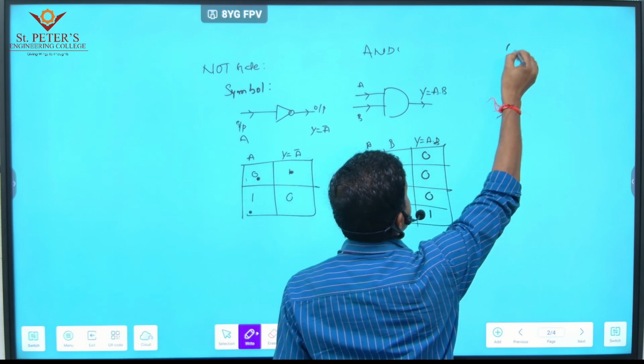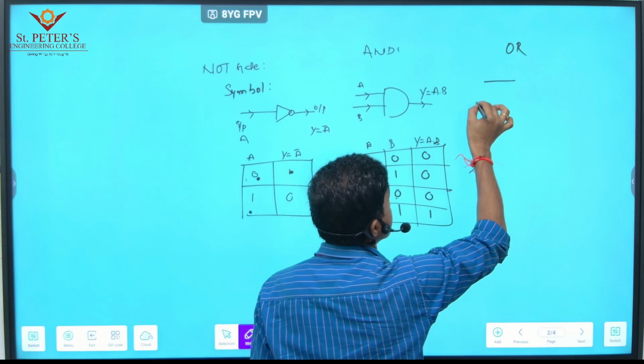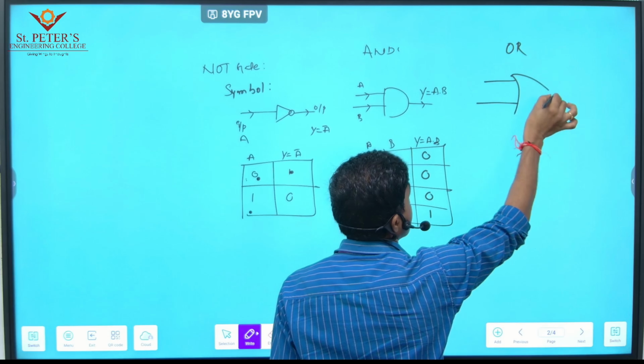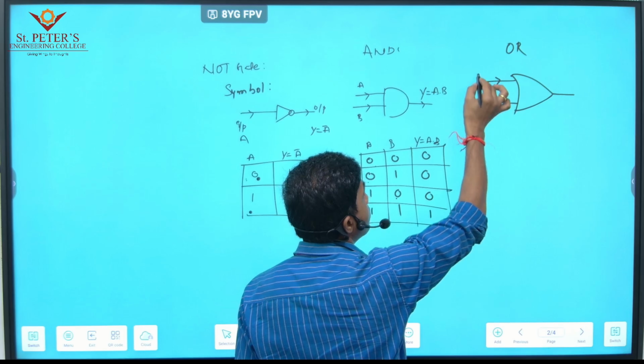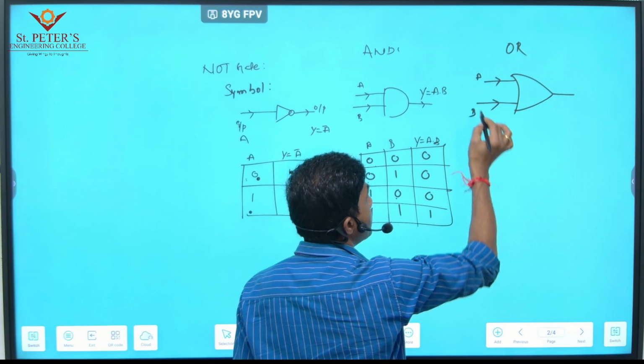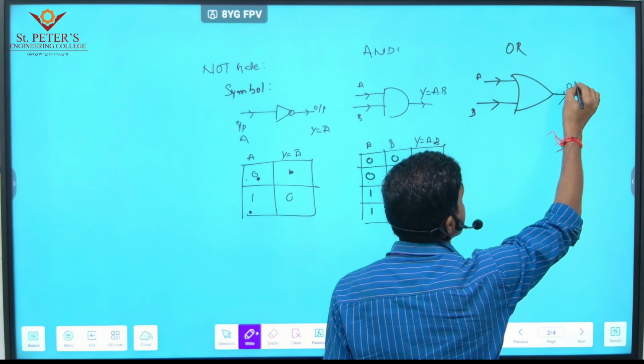Next one is OR gate. The symbol of OR gate is, this is the symbol of OR gate. It needs minimum 2 inputs and always the output is a single output.